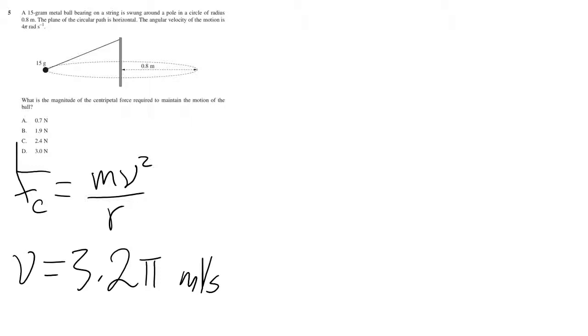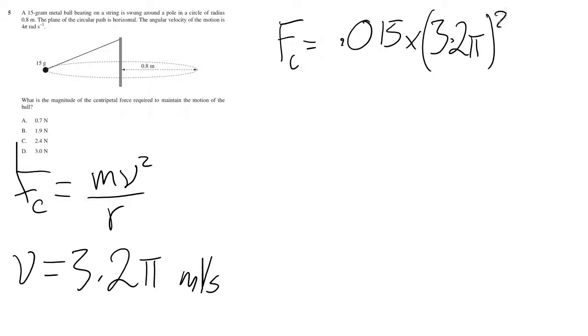Okay, so all we've got to do now is plug those values in. We've got F sub c, we'll put our mass in as 0.015 because it's going to be in kilograms, times that velocity, 3.2 pi, and we'll square that because it's v squared, and we'll divide it by our radius, which is 0.8.